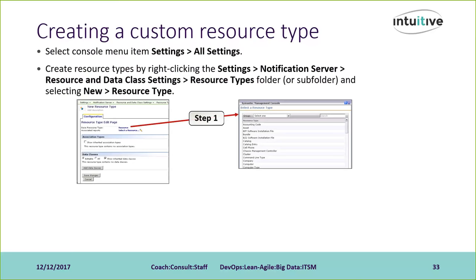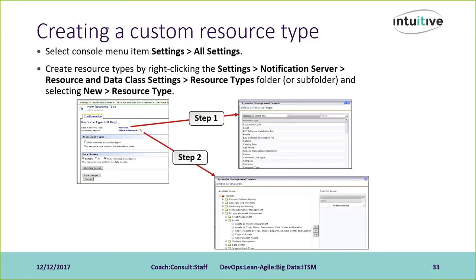We would click the Select a Resource link or the pencil icon to configure an associated report that will be offered in a drop-down menu in the CI Management Console view. You can also create a custom report and select it here when you pick Reports, Service and Asset Management, and then it'll be under a folder called General Asset Report.